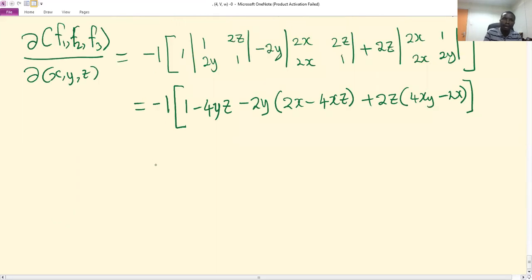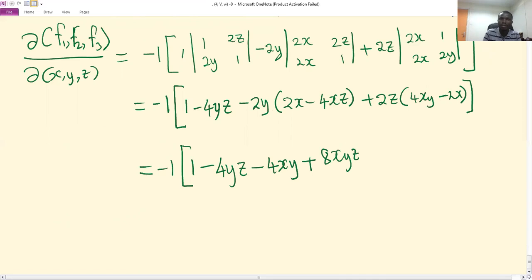And then I'll have -1 into 1 minus 4yz minus 4xy plus 8xyz, just opening the brackets, plus 8xyz minus 4xz.